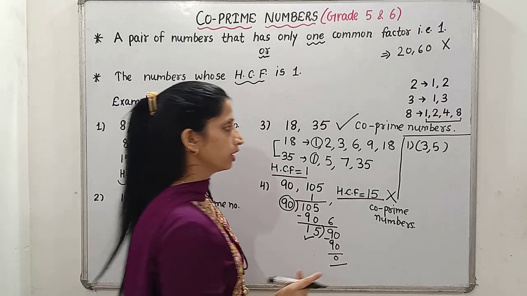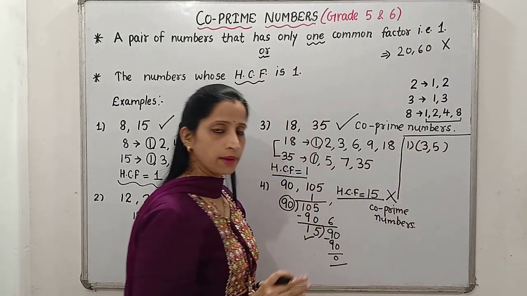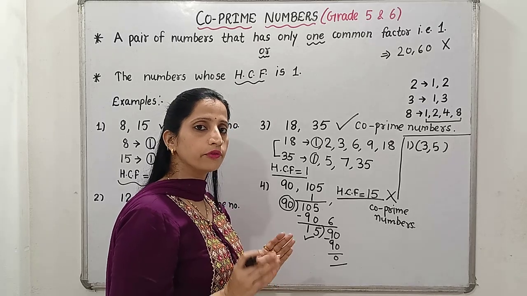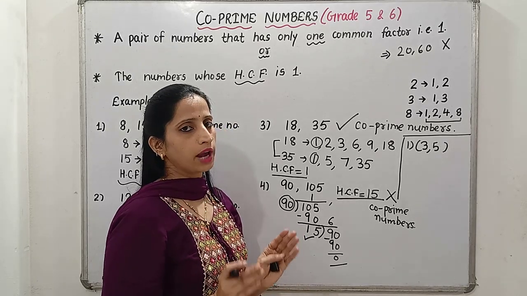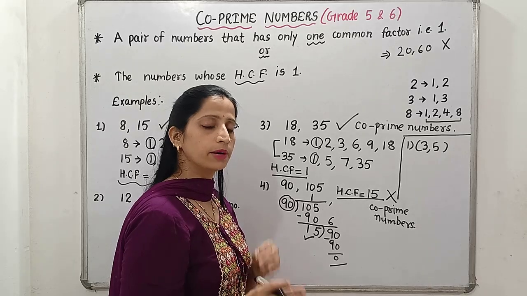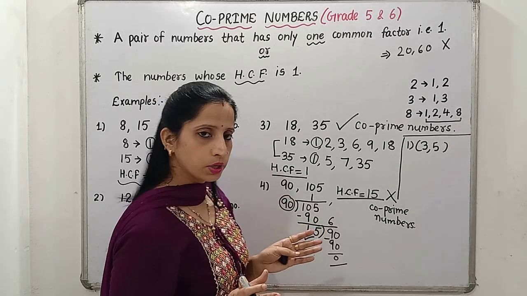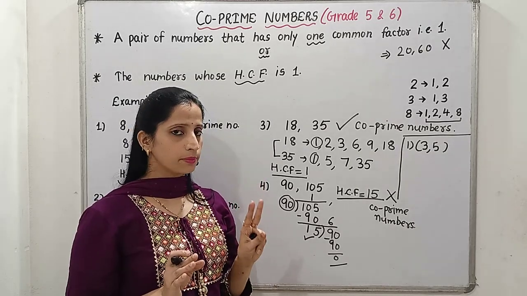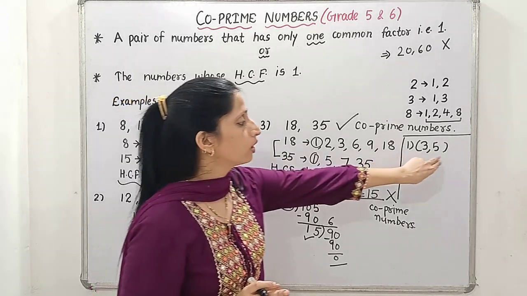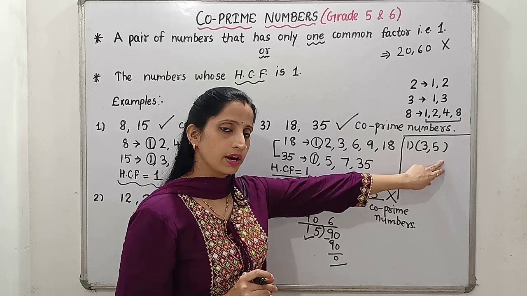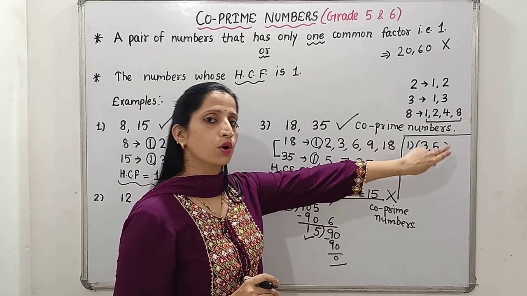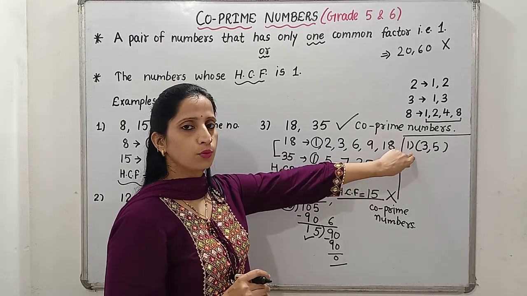If both the numbers are prime numbers, then that given pair will always be co-prime, because as you know prime numbers have only two factors, one and the number itself. So they will have only one common factor, that is 1. Hence a pair of prime numbers will always be a pair of co-prime numbers.